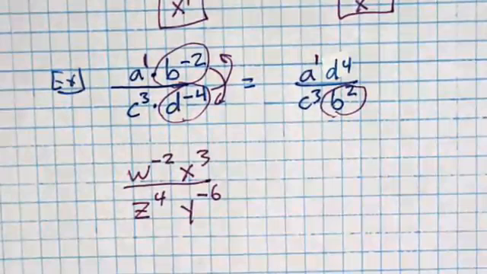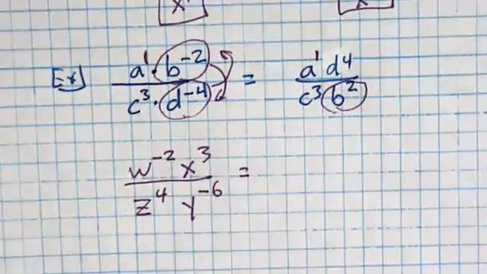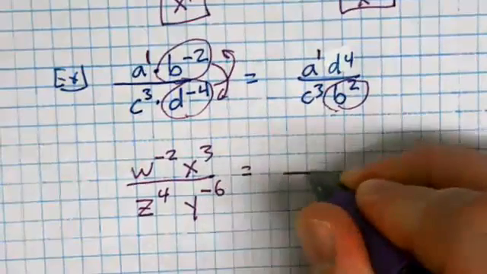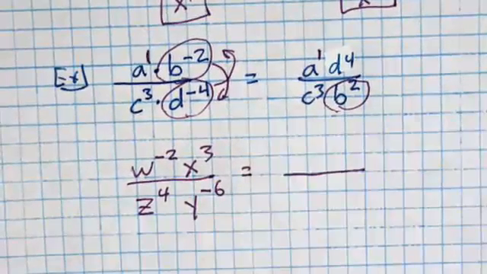And you use that same idea that we just did a moment ago to rewrite this so it does not have any more negative exponents. Still gonna have a fraction. Some stuff's gonna stay where it is, but some stuff's gonna move to the other side. You got it? Are you writing this down? We're just in our notes right now, not on the packet. But you can put it in the packet if you want. It's up to you.